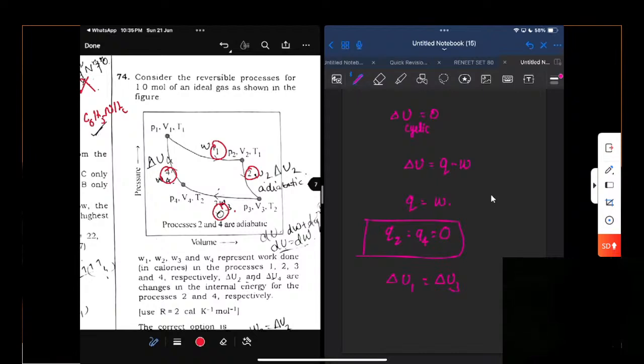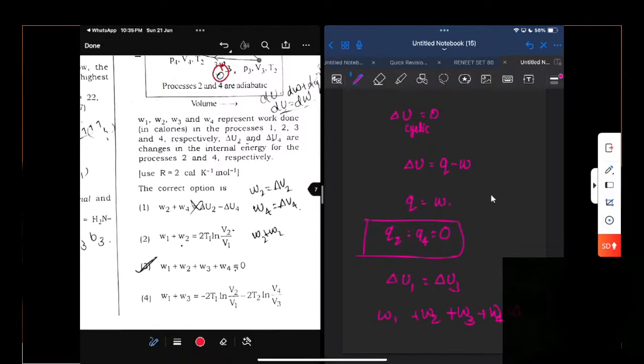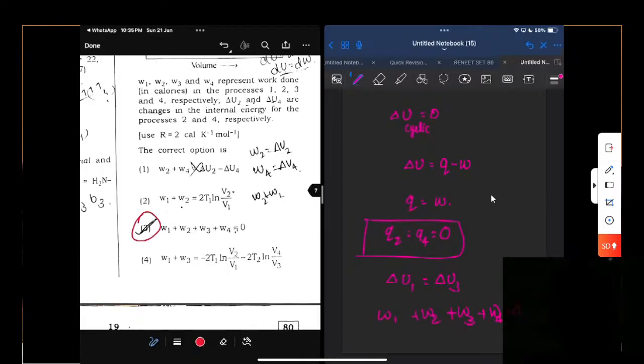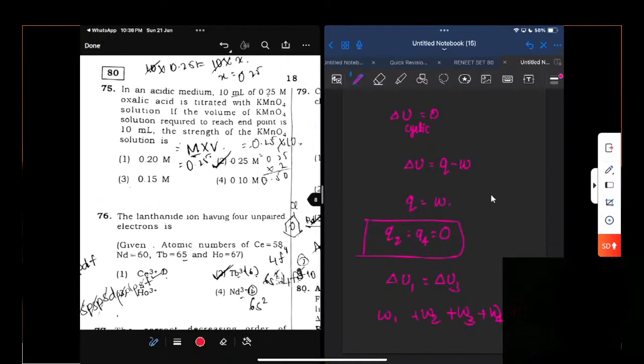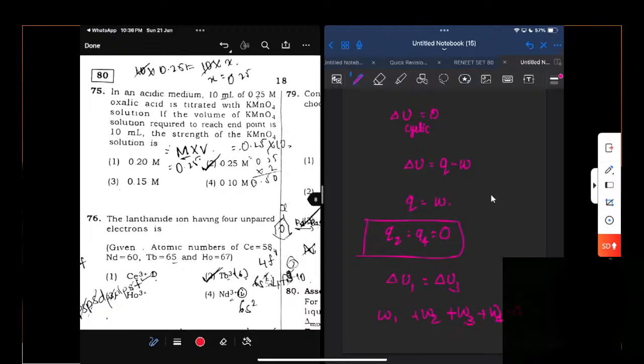So the total net change in internal energy around the cycle is 0, by applying W1 plus W2 plus W3 plus W4, which is equal to 0. In which option do we have this? That is option 3, C.